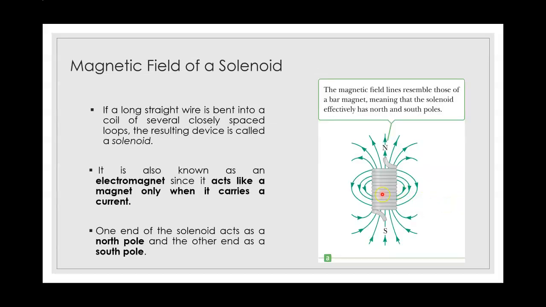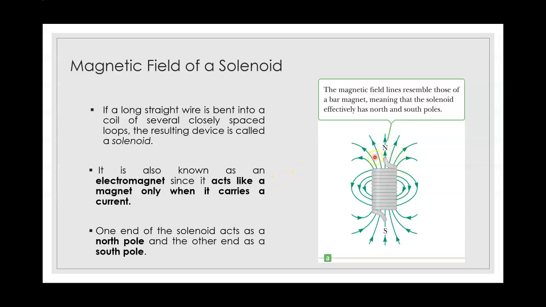Now, let's imagine a long straight wire pula. Straight wire, kita bend into a coil of several closely spaced loops. The resulting device is called a solenoid. This device is important in many applications because it acts as a magnet only when it carries a current.